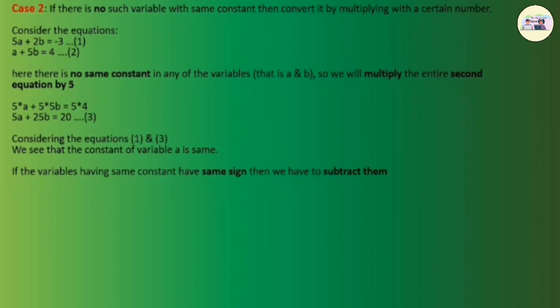Here we will subtract because the 5a in both the equations has the same sign. The solution will be like this. Now we will solve some problems from the exercise, but before that I would suggest you take a look at the solved examples.